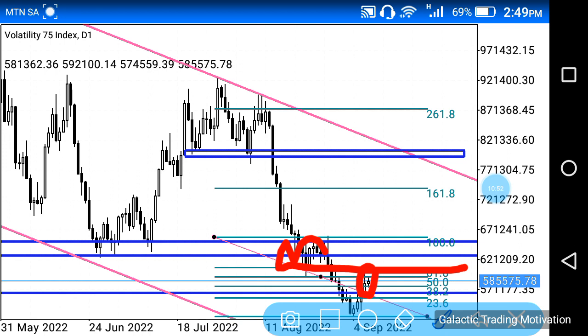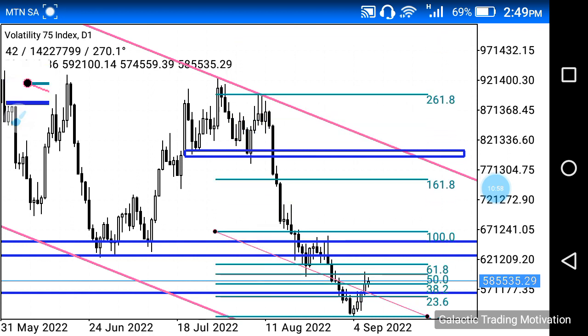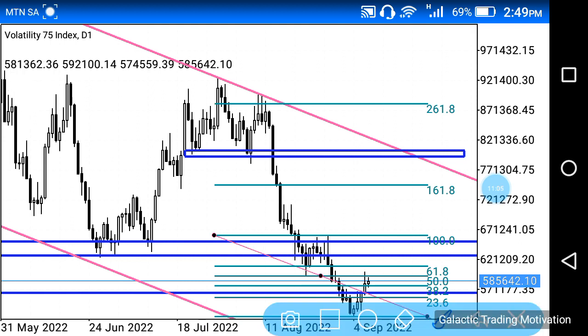I'm saying possibly look for, actually, let me just go back. Sorry, I just want to make sure that my fib is 100% in order. There we go. Yeah. So as I said, the neckline of this M structure aligns with the 61.8% Fibonacci retracement level, right?